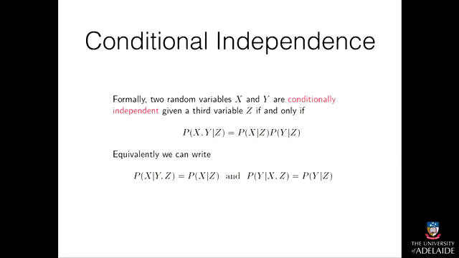Okay. So now we have 3 random variables. This is the conditional probability of the combination of x and y. So if it satisfies any one of the following 3 terms, we can say that x and y are conditionally independent given the third random variable z.